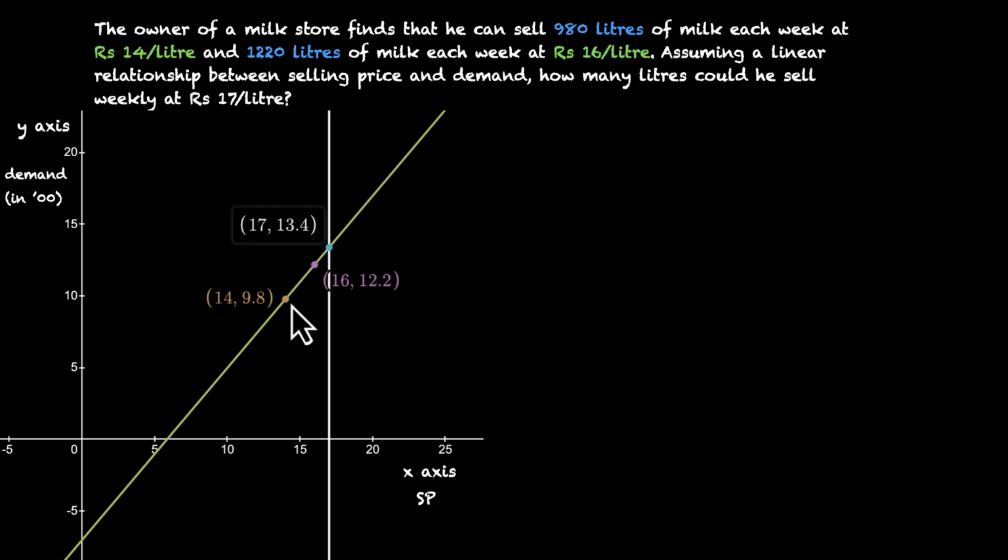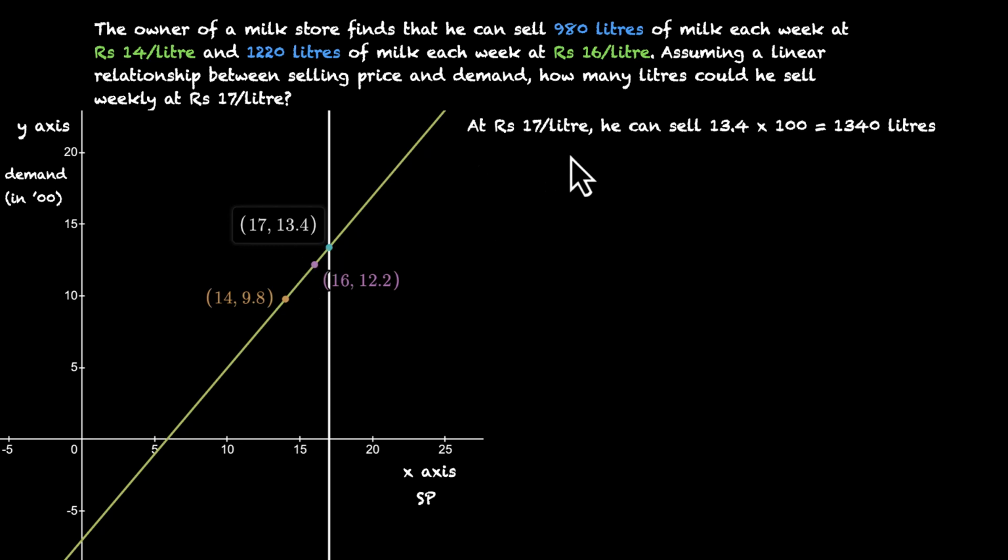Now on this line, because we're assuming this is a linear relationship, we need to figure out what are the y coordinates for the point which has the x coordinate as 17. So if we draw the line x equals to 17 and see where it intersects this line at 13.4. This means that when you're selling at rupees 17 per liter, you're able to sell 13.4 times 100, that's 1340 liters.